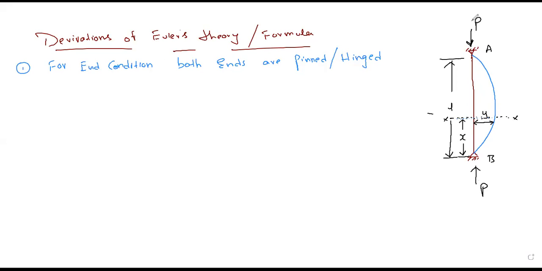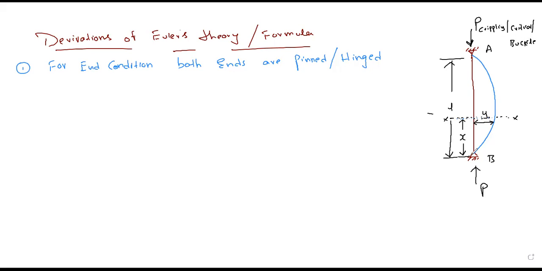Okay, so we are supposed to calculate this crippling load from Euler's formula. We can call it the crippling, critical or buckling load. Okay, so that we are going to derive.